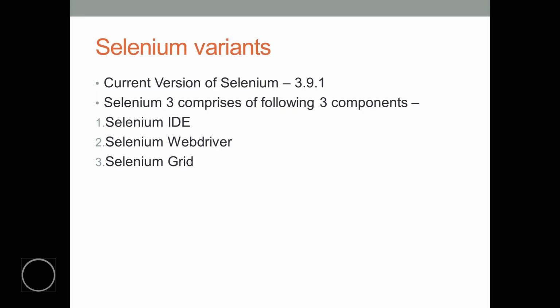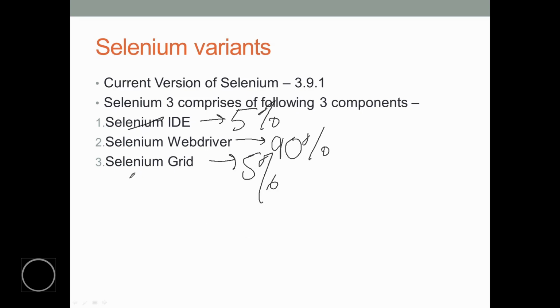Out of these, Selenium WebDriver is the most famous one. In fact, this is the component which you will be working with most of the time. 90% of the automation work is done by Selenium WebDriver itself. IDE, which stands for Integrated Development Environment, does just 5% of the work, and Grid also does some 5% of the work. Selenium IDE and Grid are not used in all organizations.